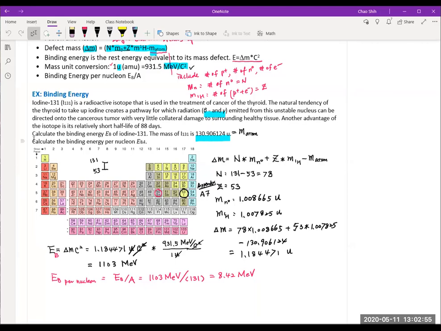So when you do this one here, make sure that you look at this periodic table. You know how to find the information about the proton, and how to find the symbol that will represent it. All right, I guess everybody knows how to do this.